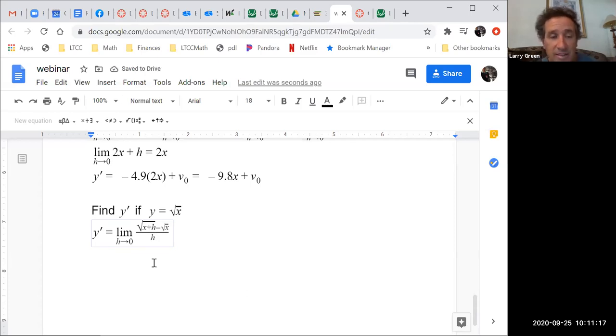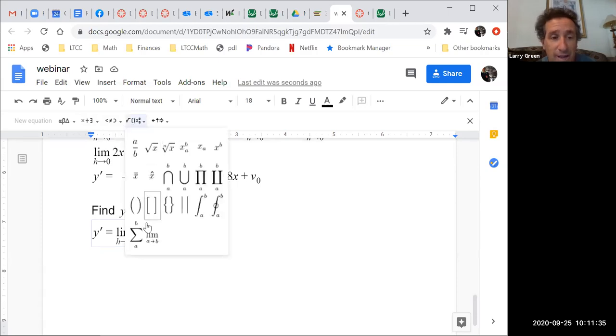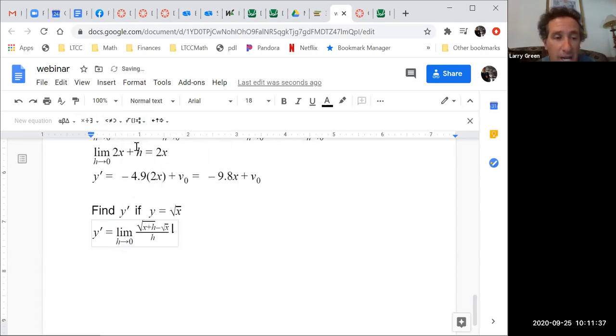Anyone lost on what I just did? What do we do now? We've seen something similar to this before. Yeah, we multiply the numerator and the denominator by the conjugate, by the square root of x plus h plus the square root of x.